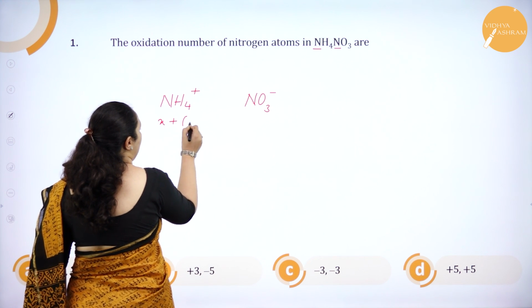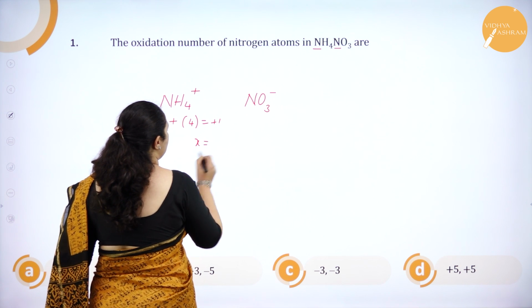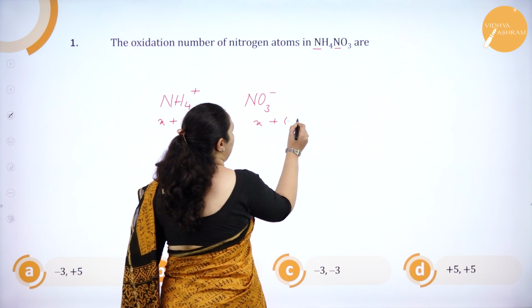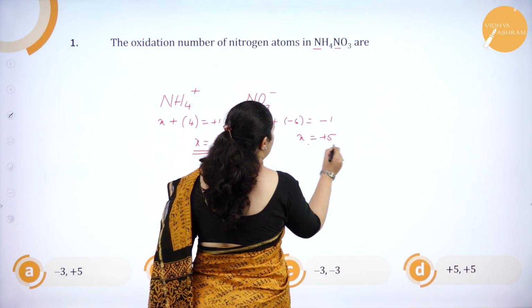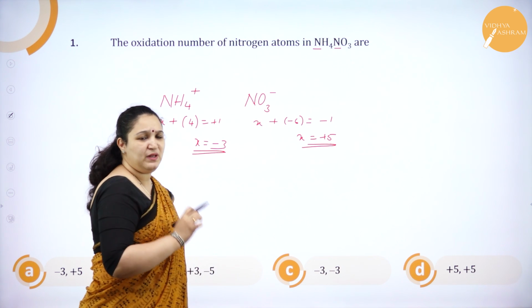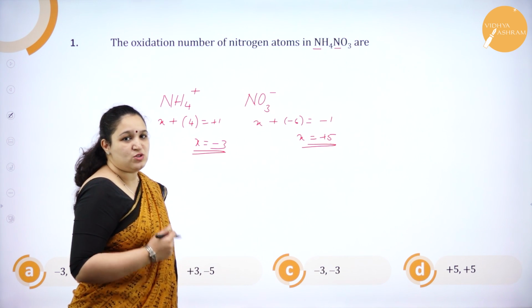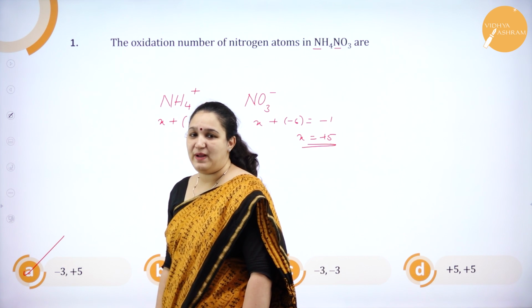So, X plus 4 is equal to +1, X is equal to -3. Here you have X plus -6 is equal to -1, X is equal to +5. This is really very simple, direct question. You know to calculate the oxidation numbers here. So, the answer is -3 and +5.